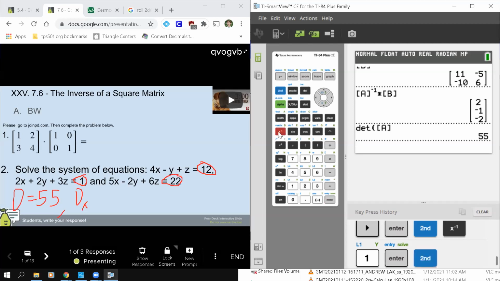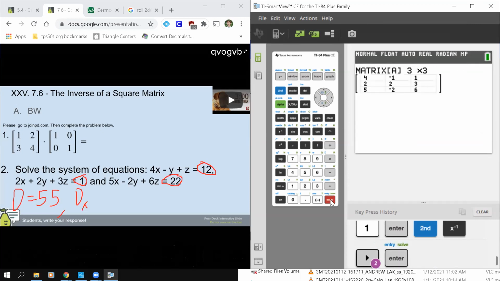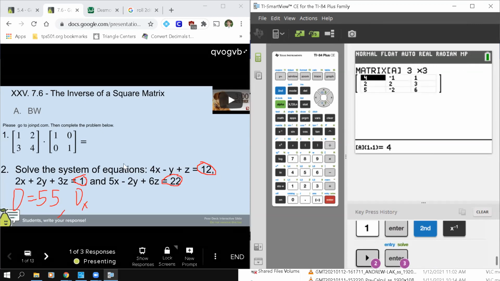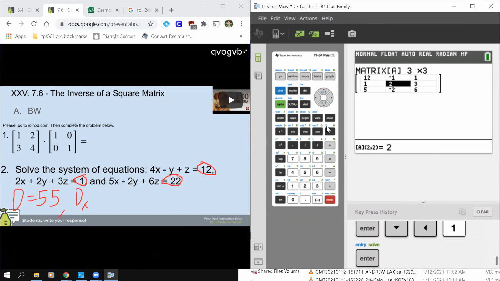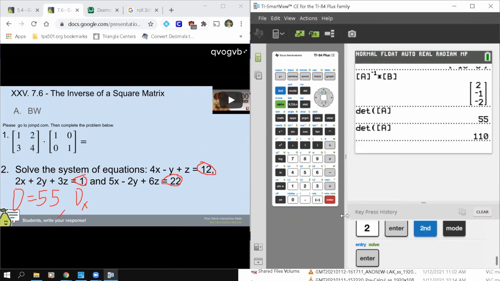So I'm going to hit second matrix, go back and edit matrix A. Now instead of 4, 2, and 5, I'm going to put 12, 1, and 22. I'm going to replace all the x's with the constants. The nice thing about this is once you have it typed in, you can just hit enter and it will repeat the previous command to take the determinant of matrix A. So that is 110.